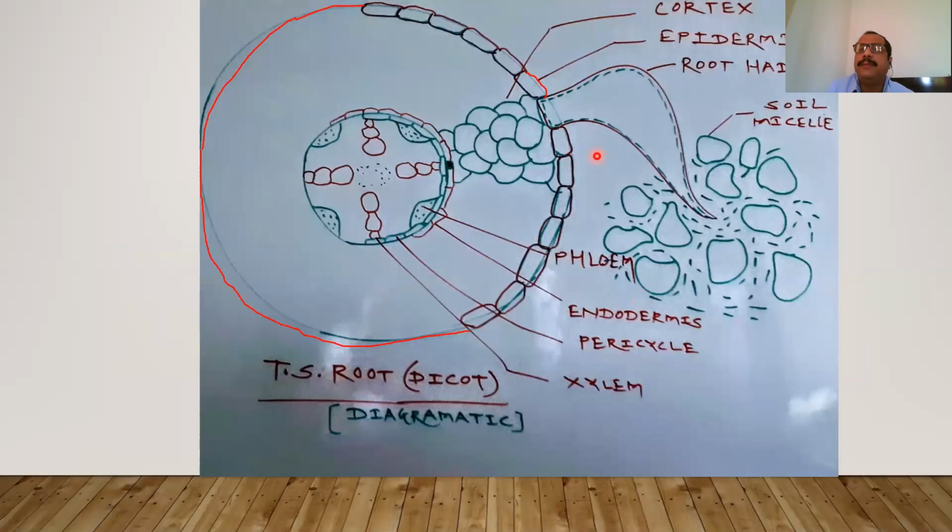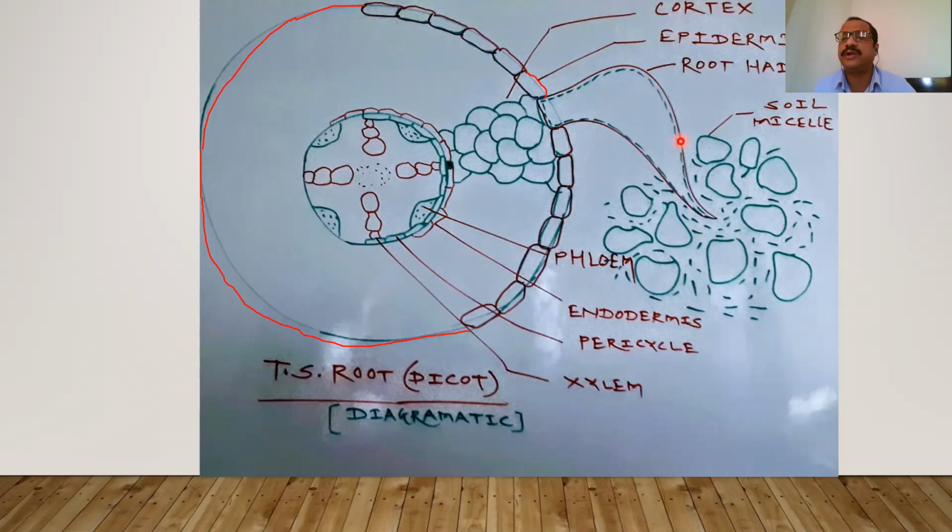So here, this epidermal cell or the root hair is in direct contact with the water, capillary water, which forms a thin film around these soil particles or non-colloidal soil particles called soil micelle. Here is water, and this is root hair. So the very first step in the water absorption process is imbibition, because the cell wall of this root hair is double layered.